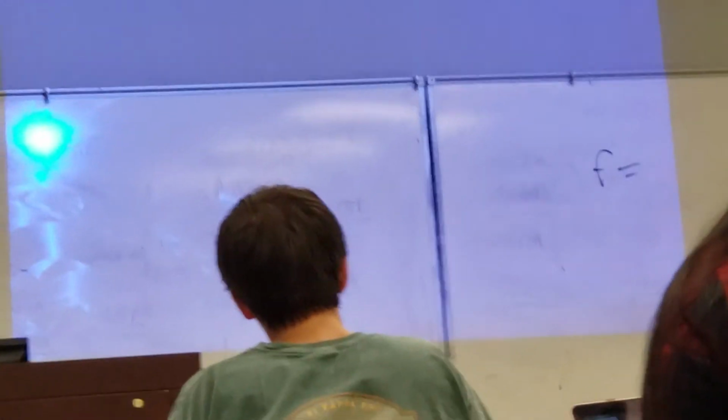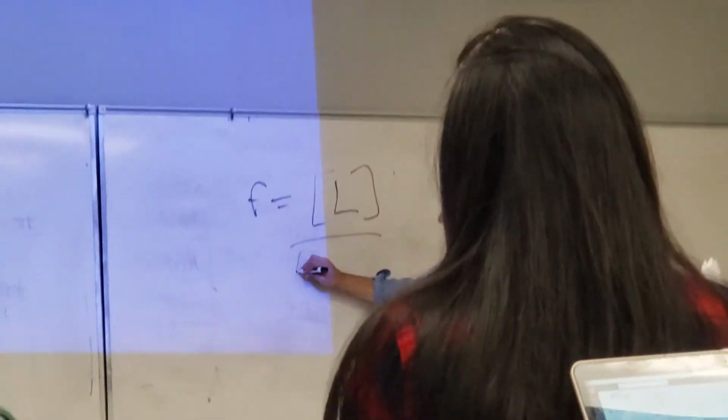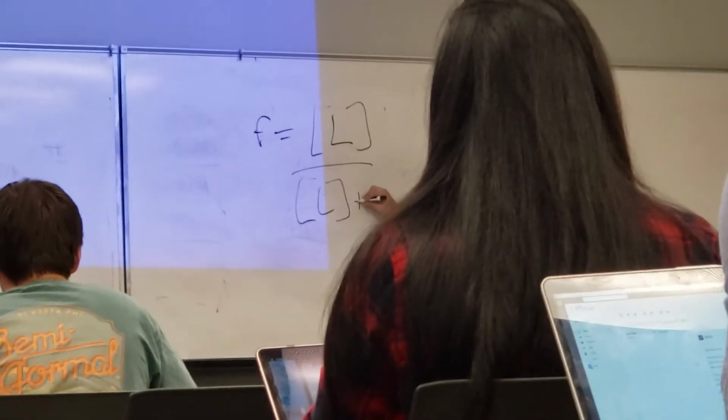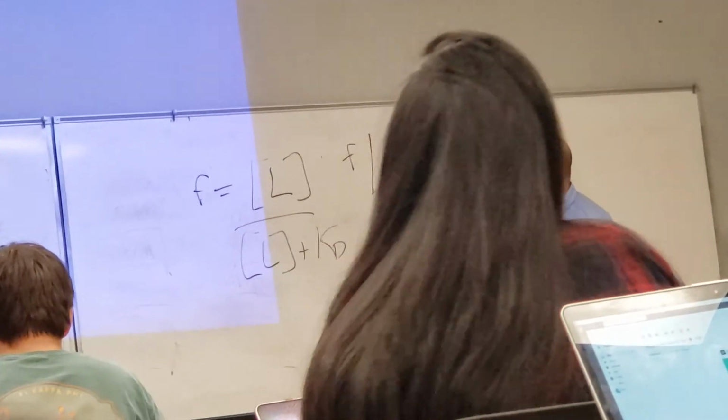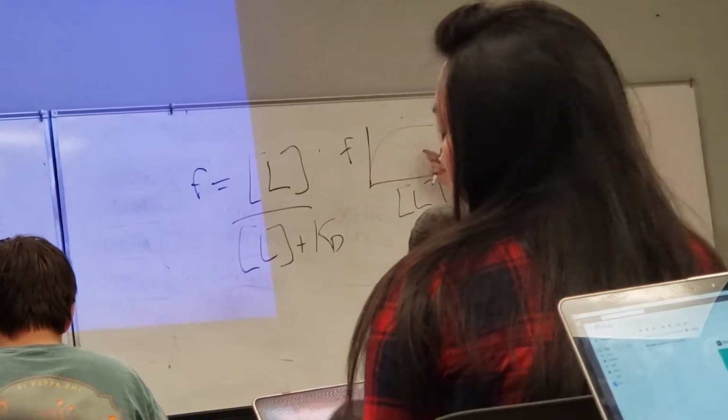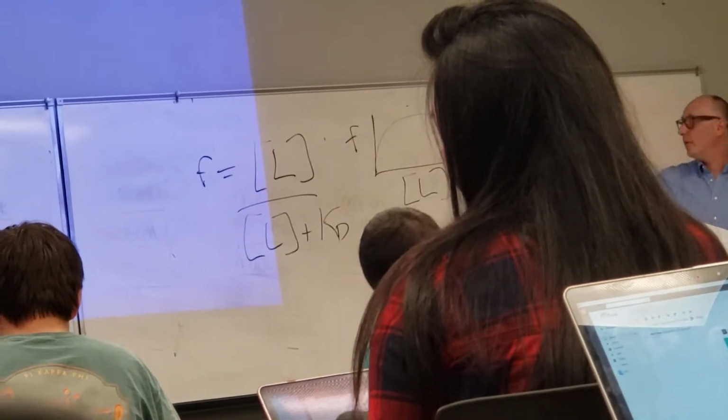The fundamental equation we're interested in, if we have some fraction bound, is just free ligand over ligand plus the dissociation constant. And when we start plotting this, I might have fractional saturation on the y-axis and free ligand on the x-axis. And so this is a typical binding isotherm.